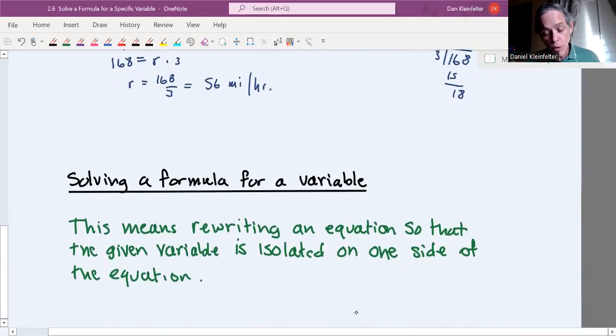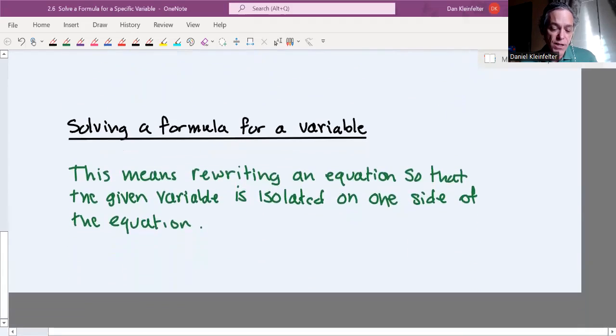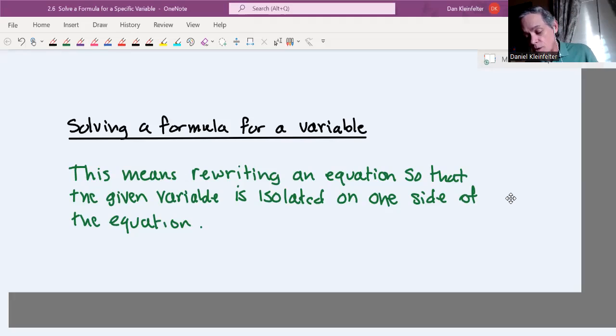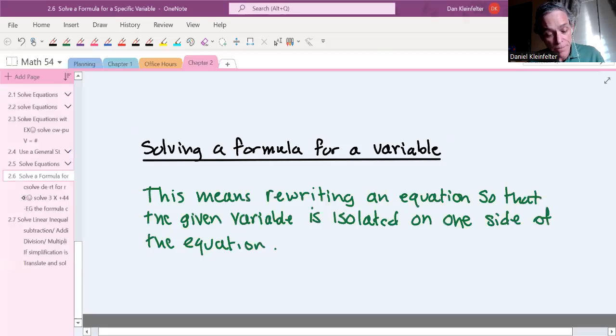So the title of this section is on solving a formula for a variable. What that means is to rewrite an equation so that whatever the given variable is isolated, or solved for, or all by itself on one side of the equal sign. And so that's what this section is about.